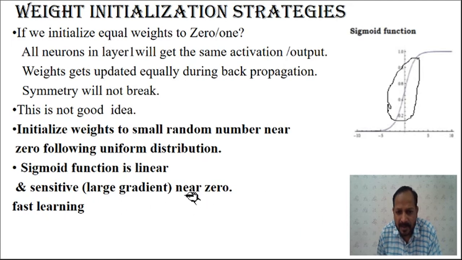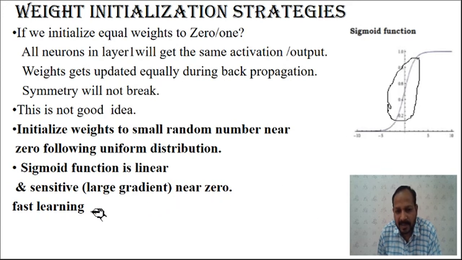Near 0 it will have a large gradient and it will be sensitive to the input. When there is a small change in the input, there is a large change in the output, so the gradient will be present. This will give fast learning.